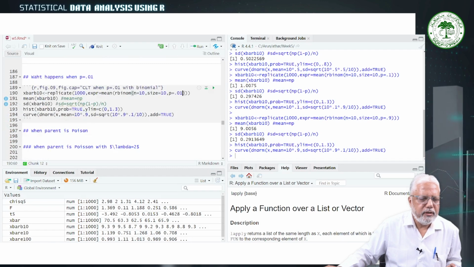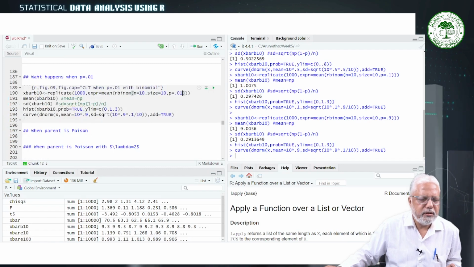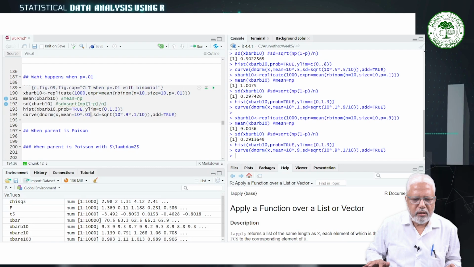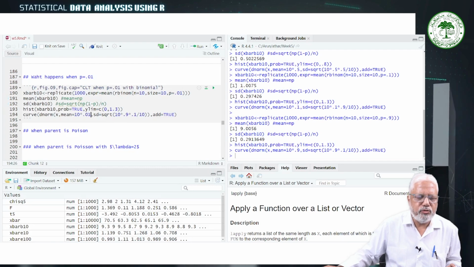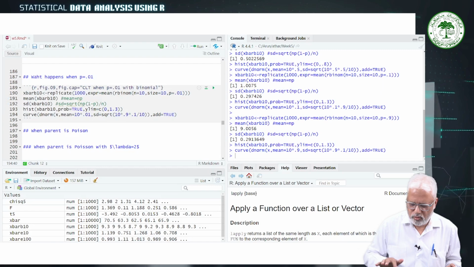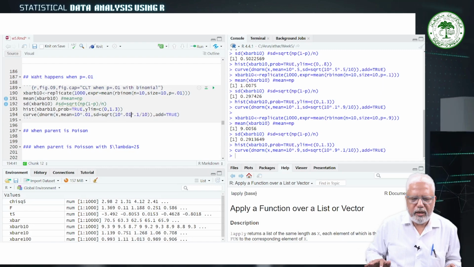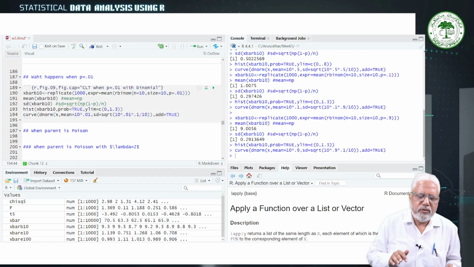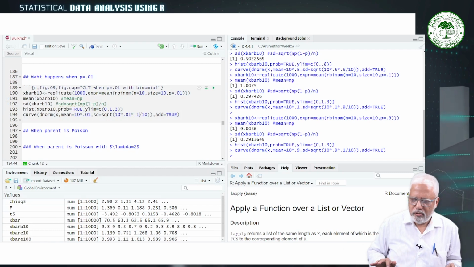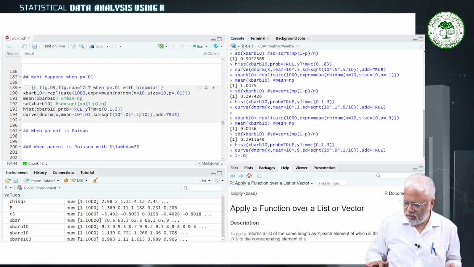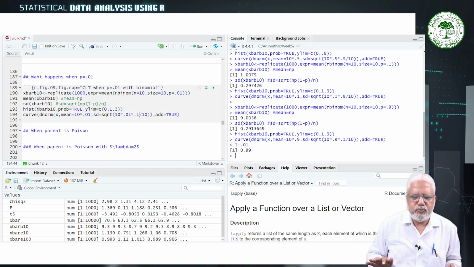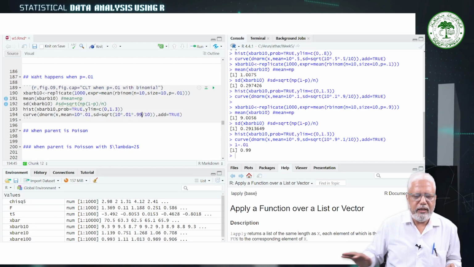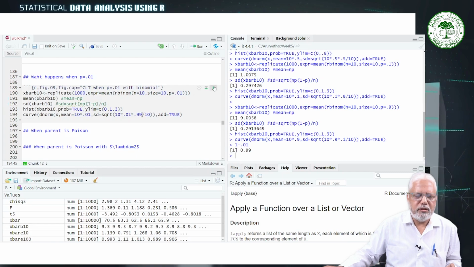Here it is 0.01, and here also it is 0.01, and here it should be 1 minus 0.01, so it is 0.99. Now see what happens when we run this.